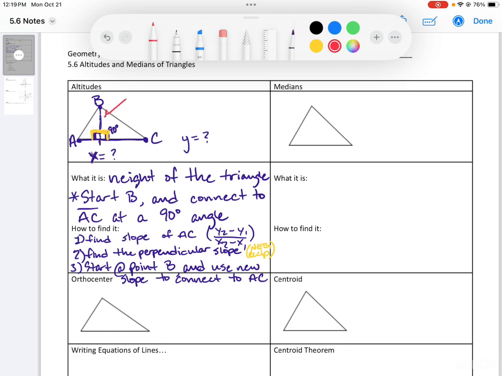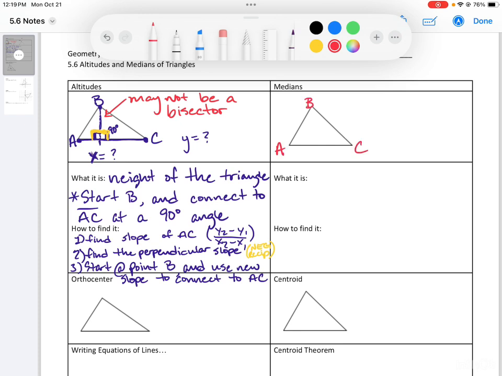An important thing to remember is that this may not, and probably will not, be a bisector, meaning it doesn't have to split angle B into 2 equal parts.